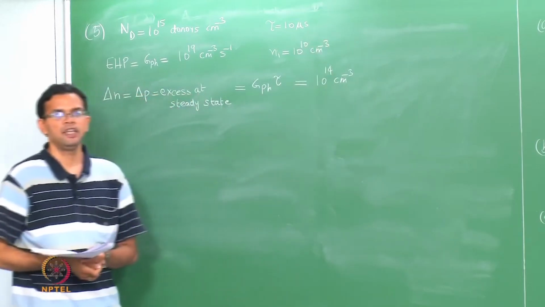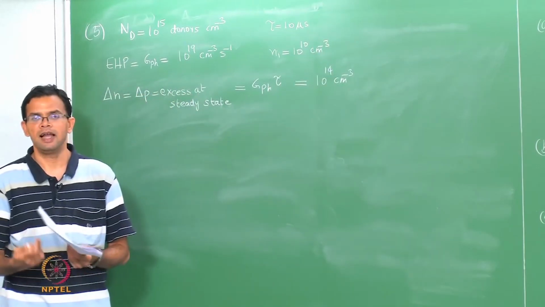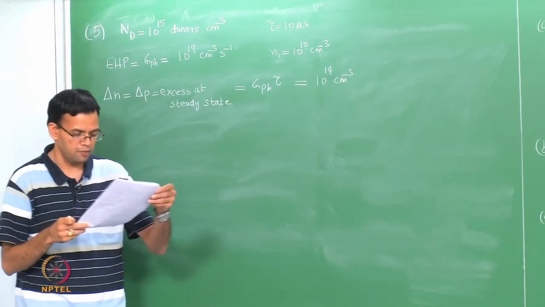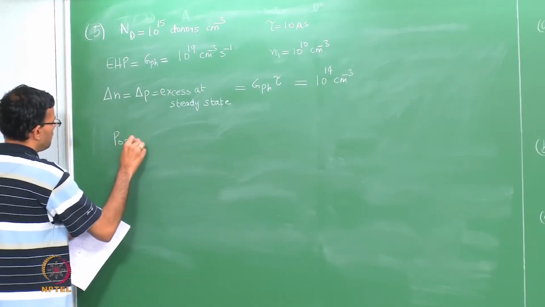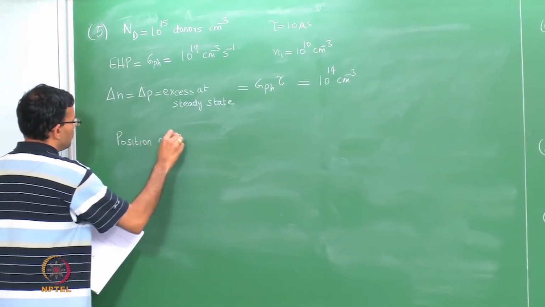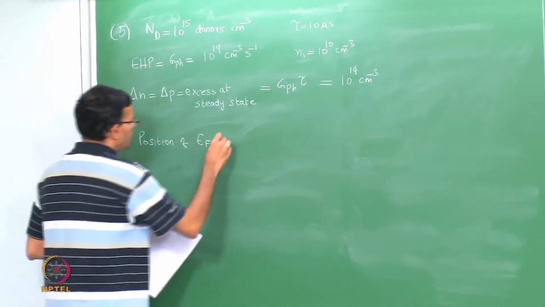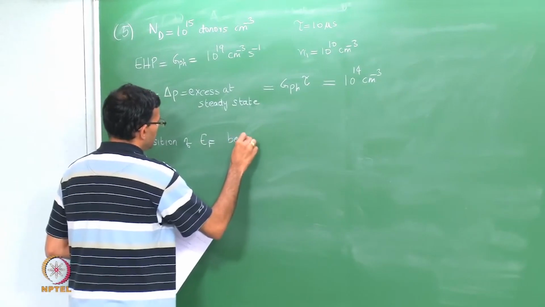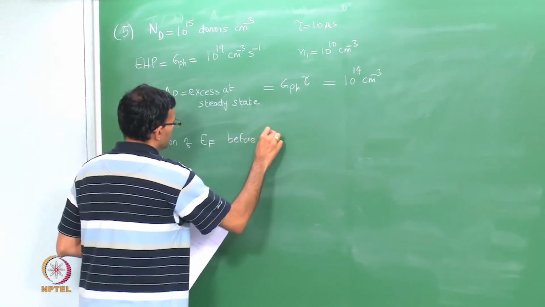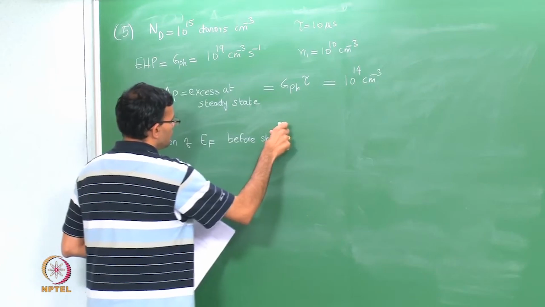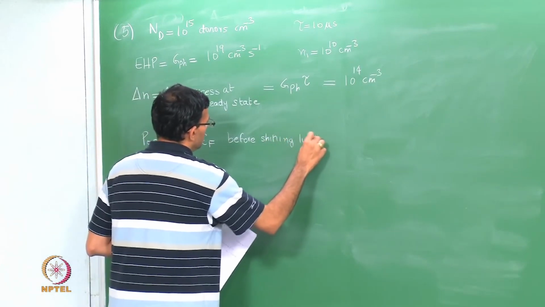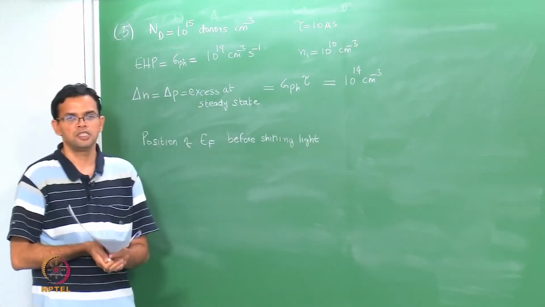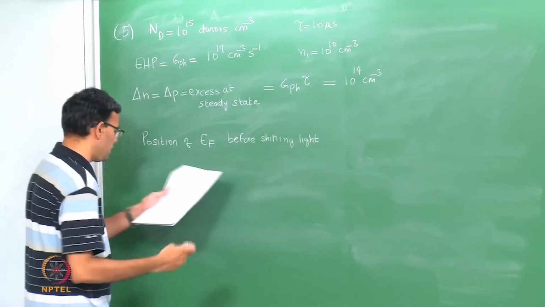So, before shining light we can basically calculate the position of the Fermi level. So, we can calculate position of EF before shining light. So, this is nothing but an n type semiconductor.